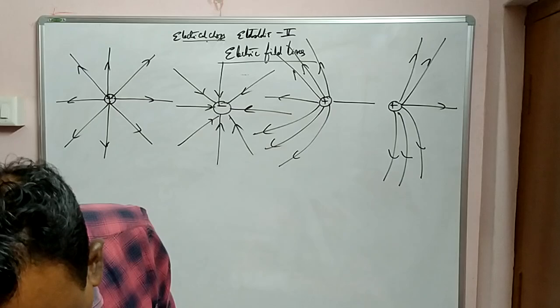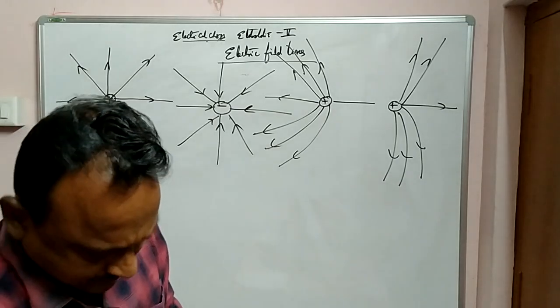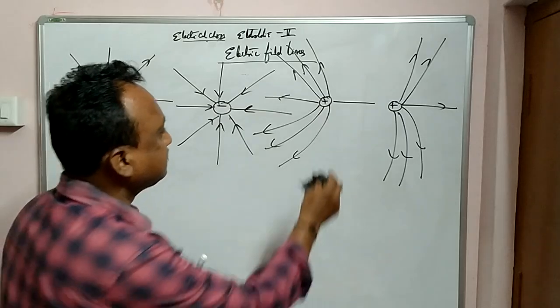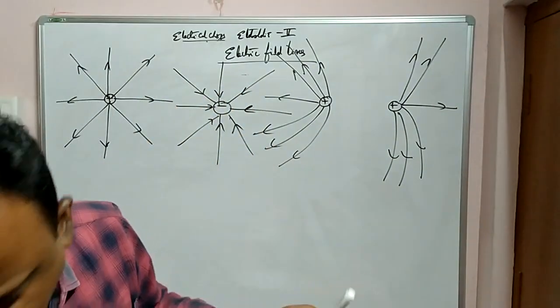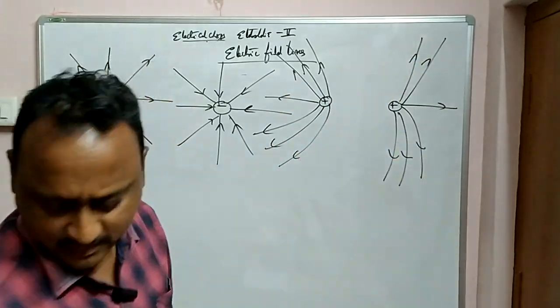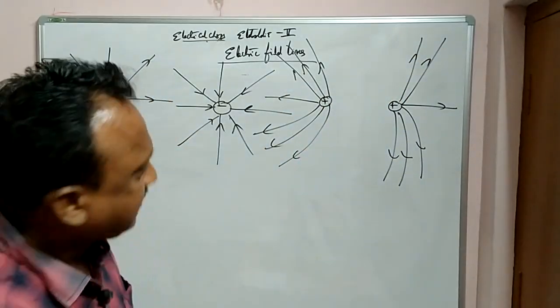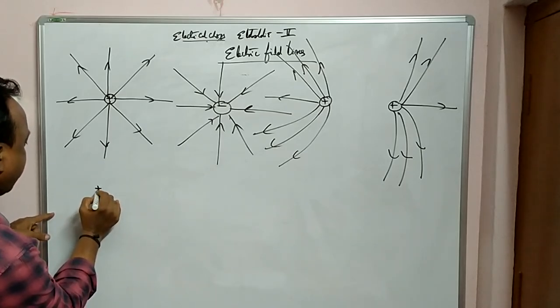Two positive charges, what happens? They go away, because two positives repel each other. So the field lines are going away from the positive charges. You can see they go away. Okay, clear?